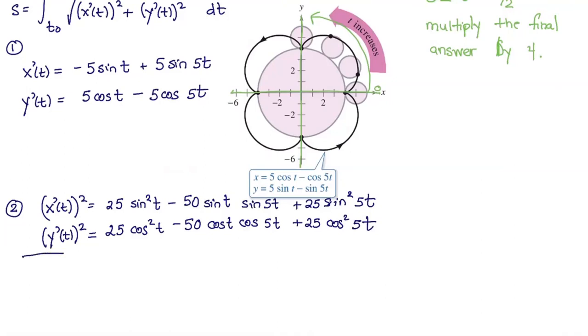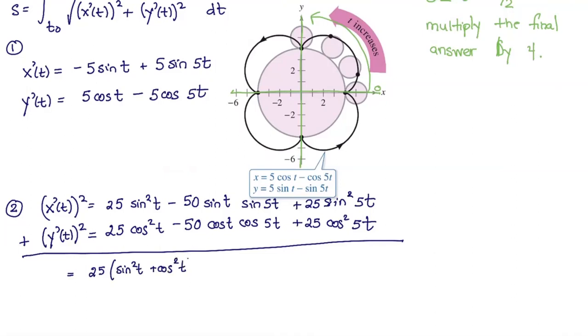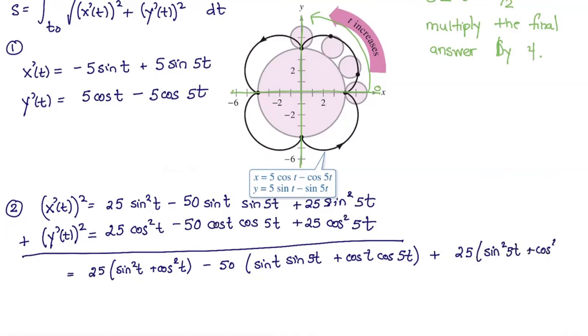And then what we have to do with those two things is add them, so that we end up with the following: 25 times sine squared of t plus cosine squared of t, minus 50 times sine of t sine of 5t plus cosine of t cosine of 5t, plus 25 times sine squared of 5t plus cosine squared of 5t.